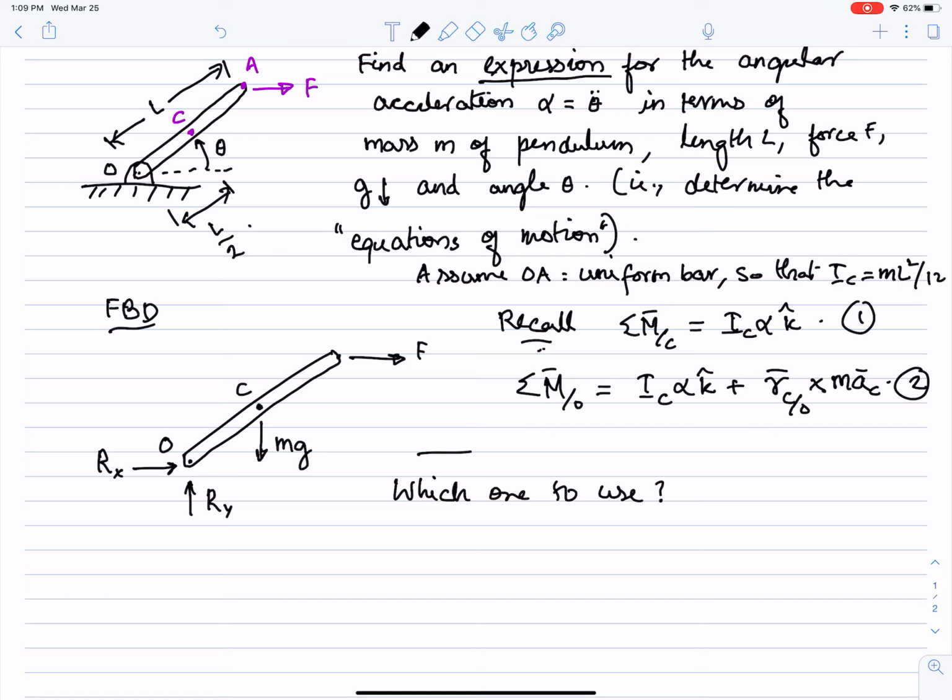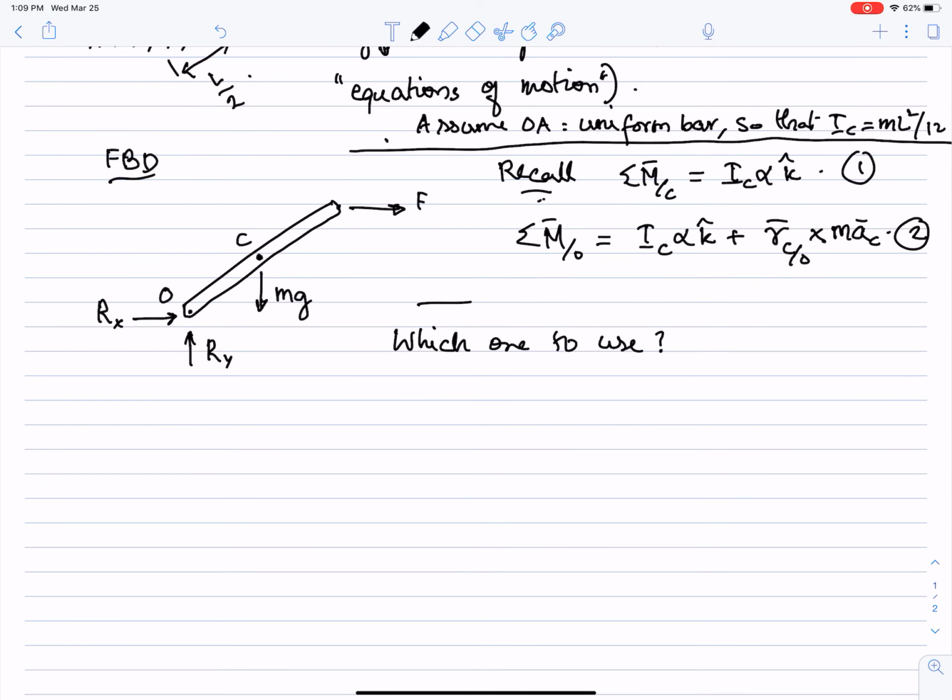So let's say that's also given. Okay, so all this is given. In any case, which one of these two equations to use?